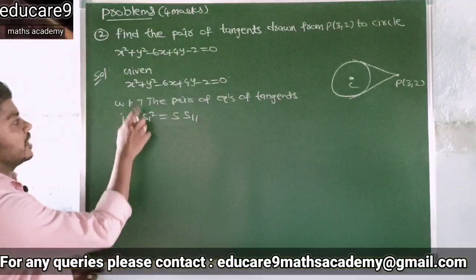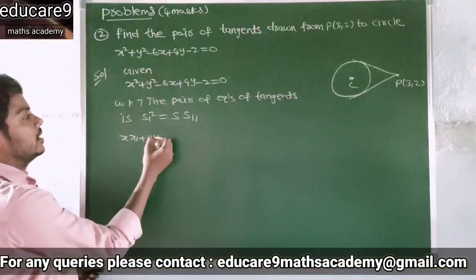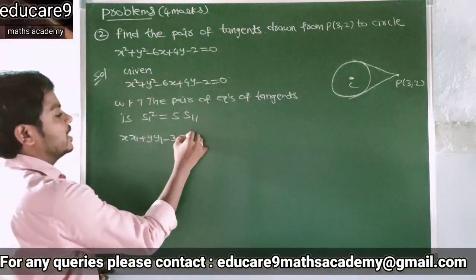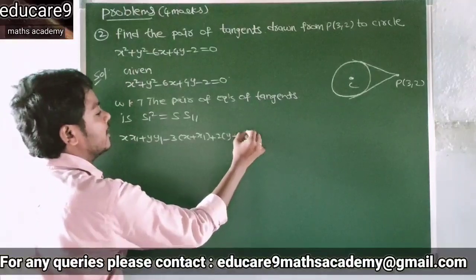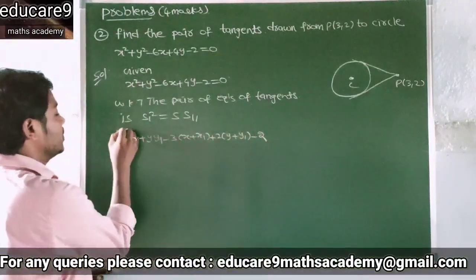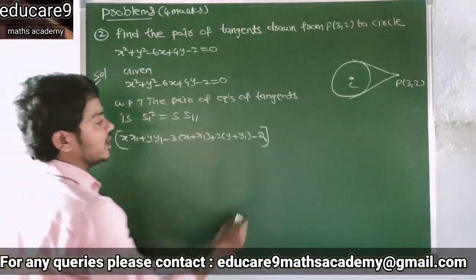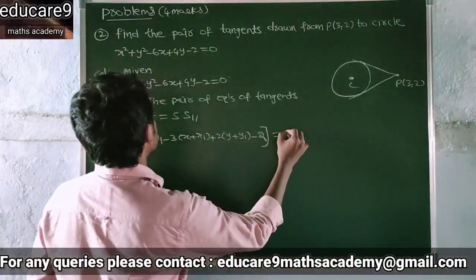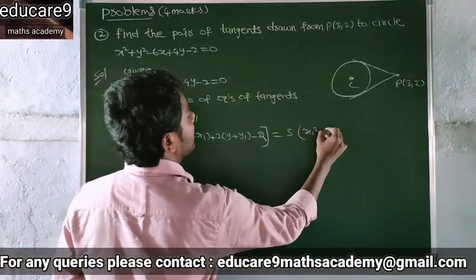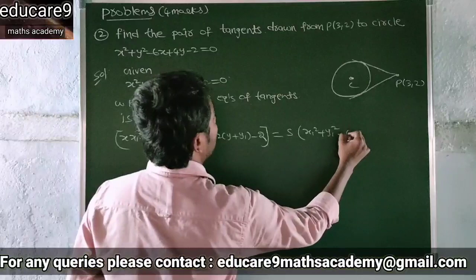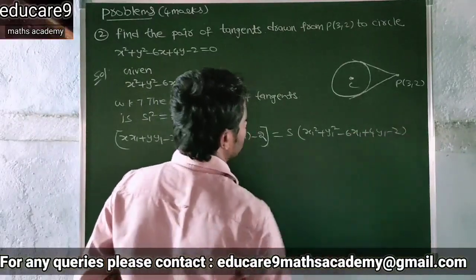So what is S1? That is (x1 x plus y1 y) minus 3 of (x plus x1) plus 2 of (y plus y1) minus 2 is equal to S into S11. Write S only. S11 is x1 square plus y1 square minus 6x1 plus 4y1 minus 2.